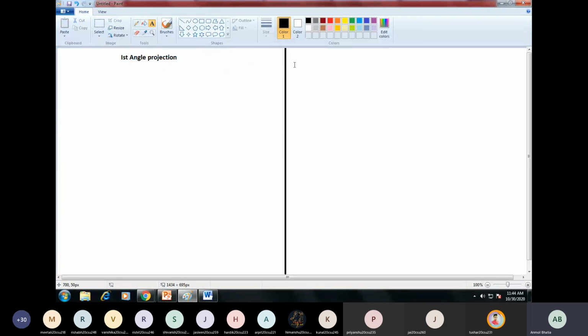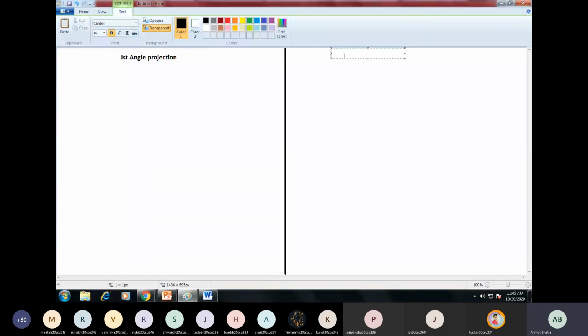Rather, I'll just be mentioning the notation. So this is my first angle projection column, and the second column will be for the third angle projection system. If you want, you can copy it down.